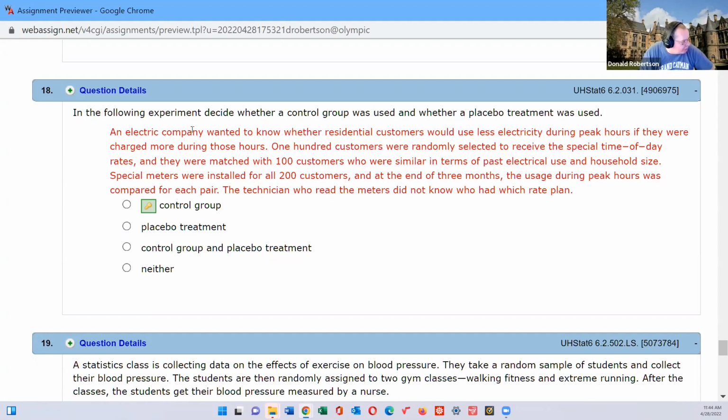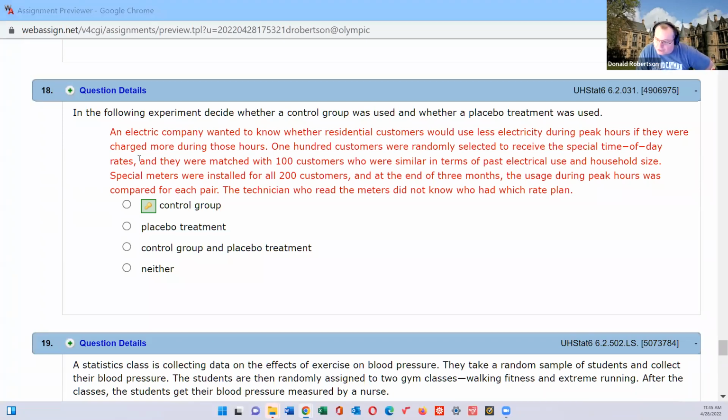An electric company wanted to know whether residential customers would use less electricity during the peak hours if they were charged more for those hours. Sneaky. 100 customers were randomly selected to receive the special time of the day rates.